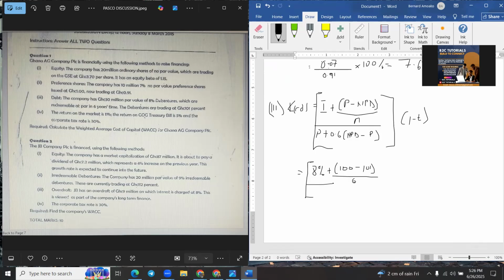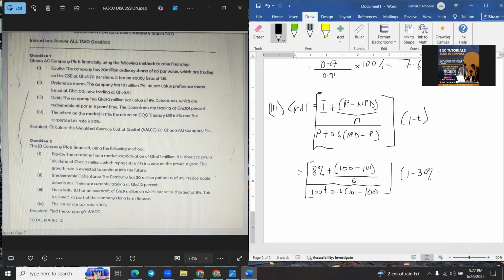All divided by our par value of 100 plus a constant of 0.6 multiplied by 101 minus 100. Brackets close, multiply by 1 minus t. The t happens to be the tax, and tax was 30%.